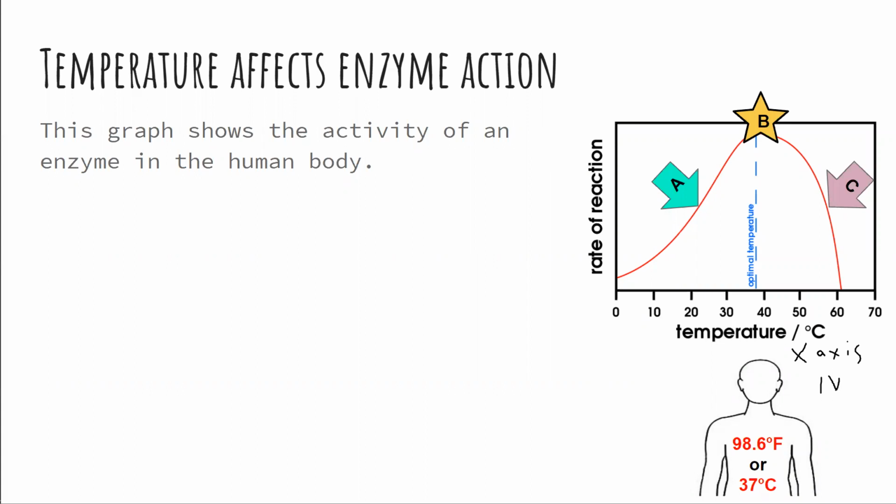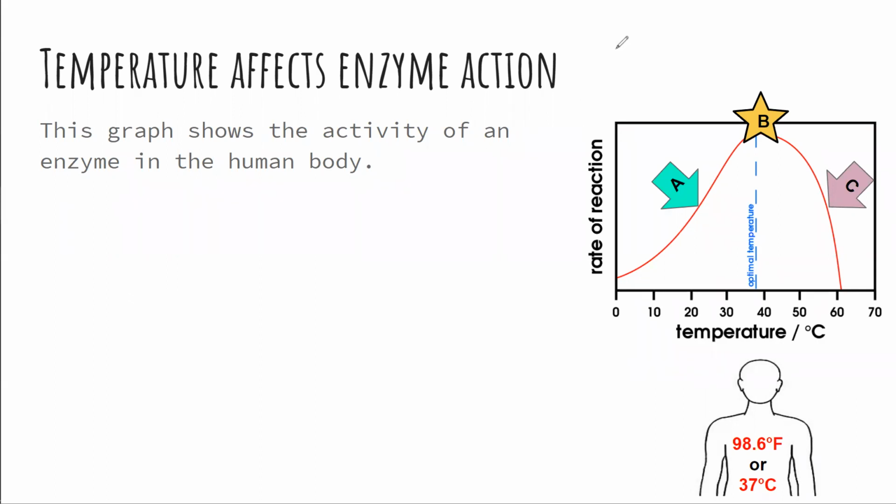And the rate of the reaction, how efficient and how fast the reaction is going, how well the reaction is going, is on our y-axis. And that is our dependent variable. And so remember, the rate of the reaction is dependent on the temperature, right? And what temperature the reaction is happening at, what temperature this enzyme is actually working in. All right. So that's what this graph is telling us.